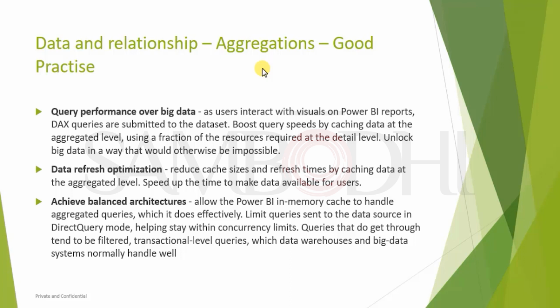Achieve balanced architectures. Allow the Power BI in-memory cache to handle aggregated queries, which it does effectively. Limit queries sent to the data source in the direct query mode, helping stay within concurrency limits. So there are certain concurrency limits which do not permit more direct queries to be executed at once, in the interest of denial of service and security.